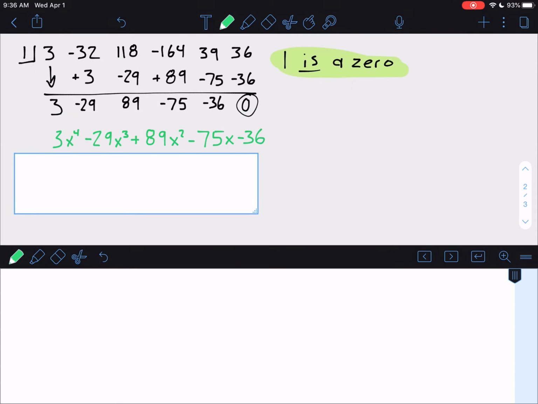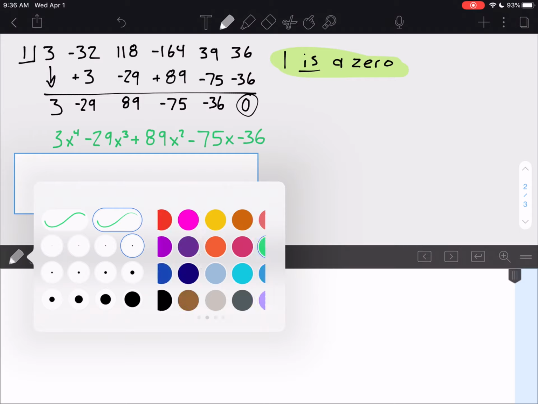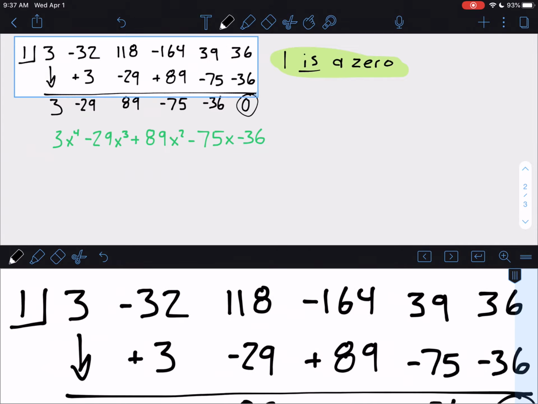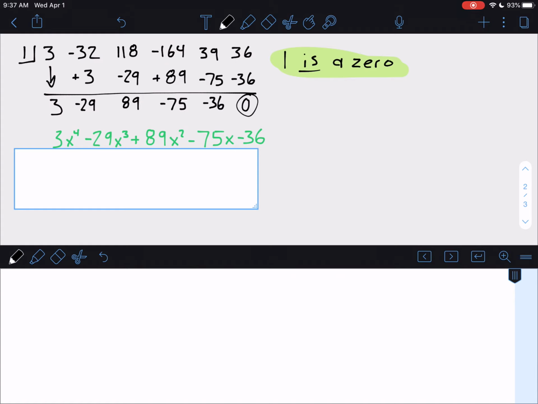So let's see. I do need to test 1 again to see if it's a double 0. So I'm just going to be doing synthetic division again, just with this 1.